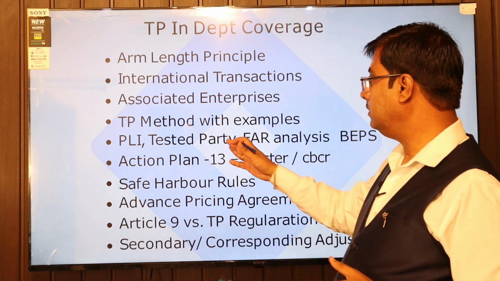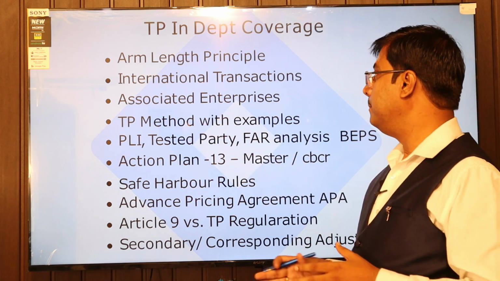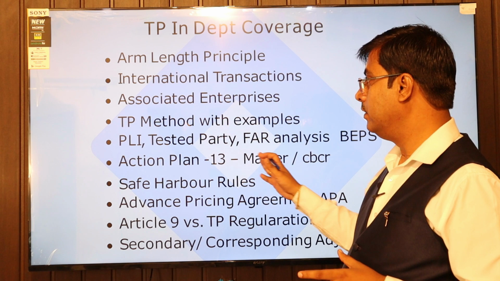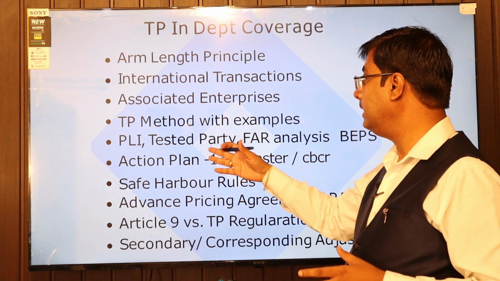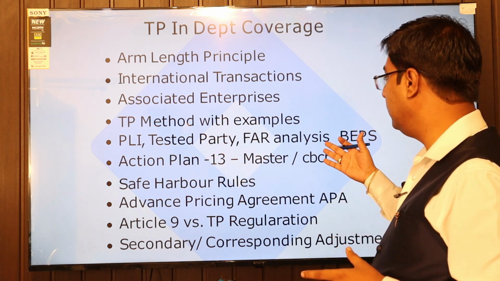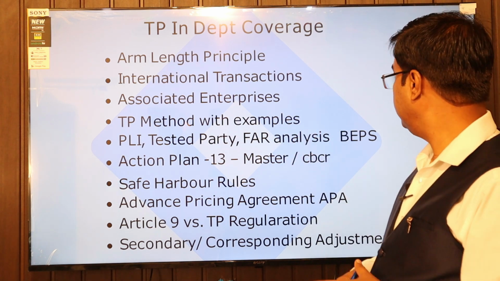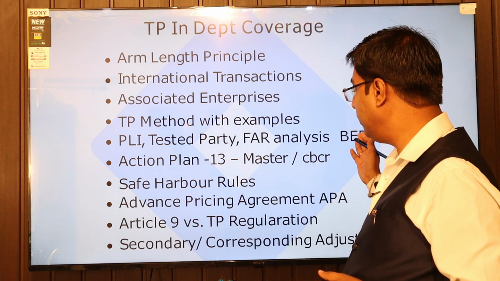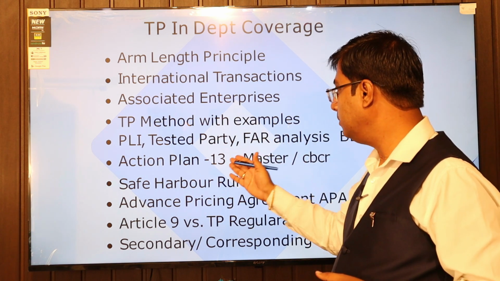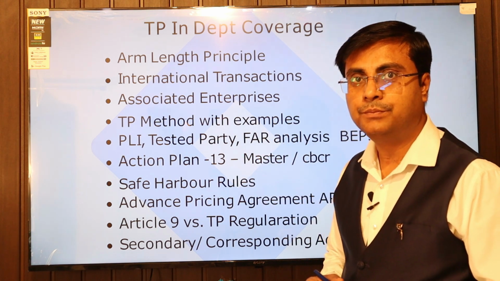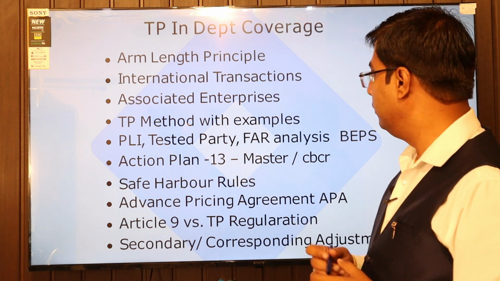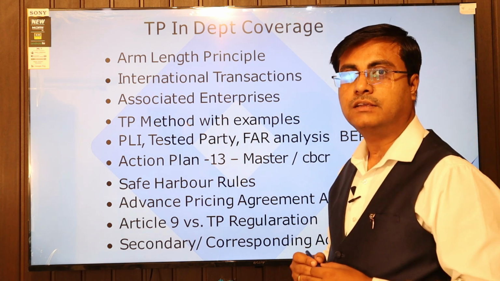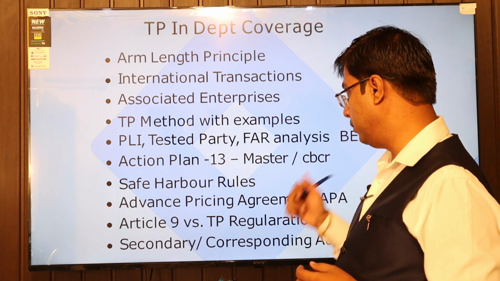We will discuss transfer pricing methods with examples, also PLI, tested party, FAR analysis, and BEPS, the Base Erosion and Profit Shifting project of the OECD, Action Plan 13. They introduced section 92D for the master file as well as section 286 for CbCR reporting.